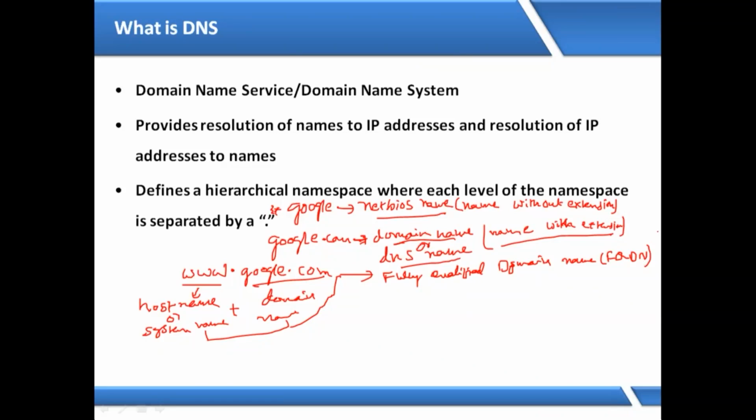So here the dot is separating the different levels of the namespace. Every website in the world contains a minimum of 2 dots. You can have more than 2 dots, but the minimum is 2.